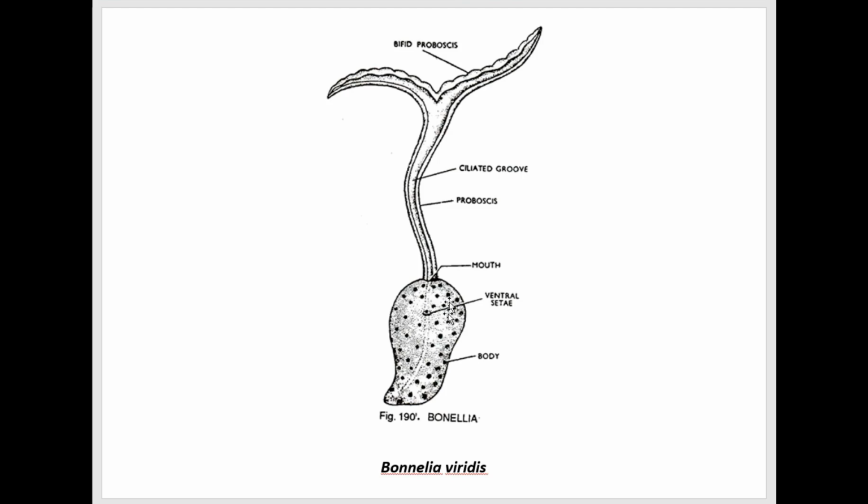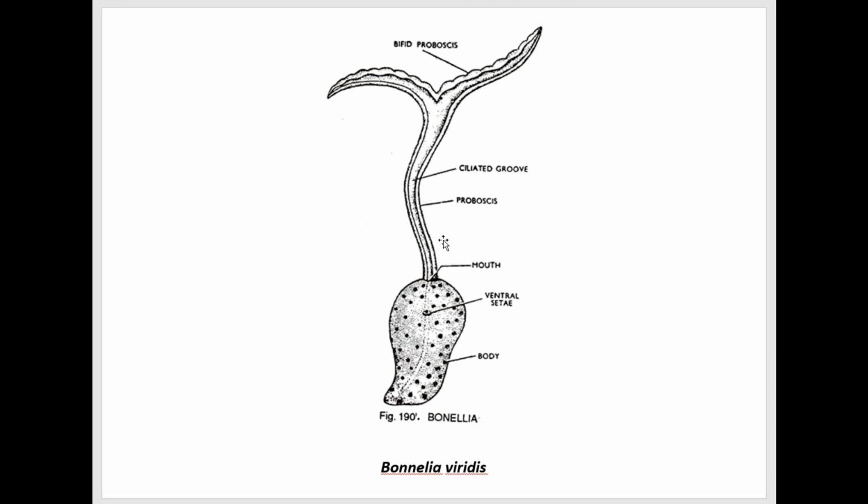Those undifferentiated larvae will definitely develop into male individuals. So several larvae will develop into males by getting nourishment as well as the hormonal effect in the genital system of the female Bonellia. So this is something different.